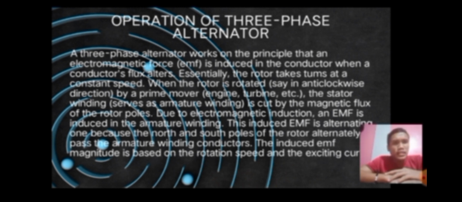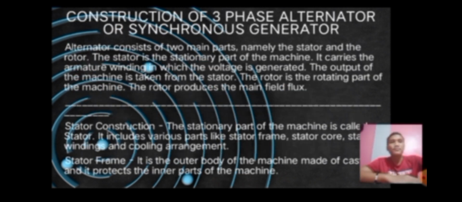Due to electromagnetic induction, an EMF is induced in the armature winding. The induced EMF is alternating because the north and south poles of the rotor alternately pass the armature winding conductors. The induced EMF magnitude is based on the rotation speed and the exciting current.